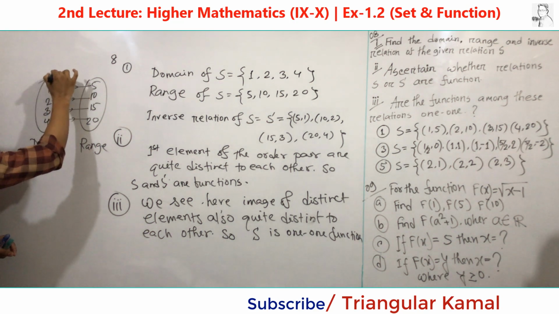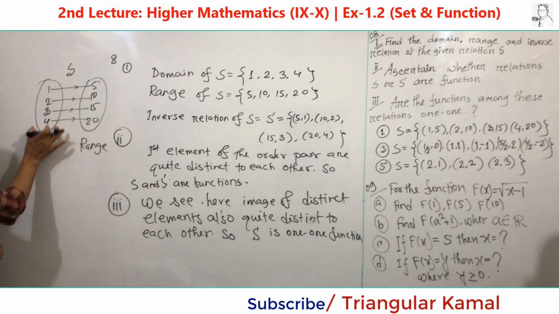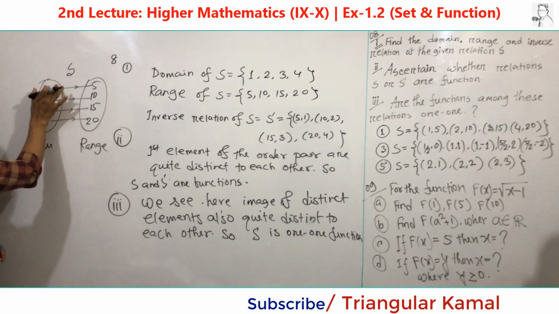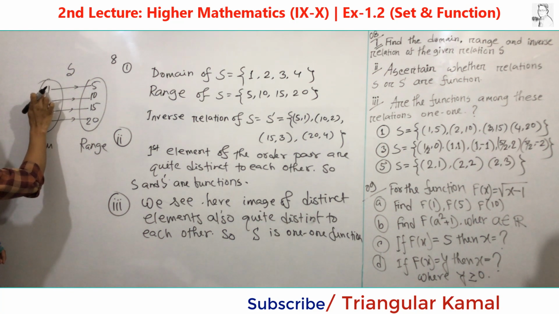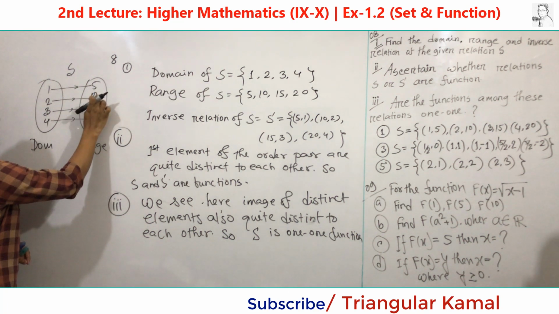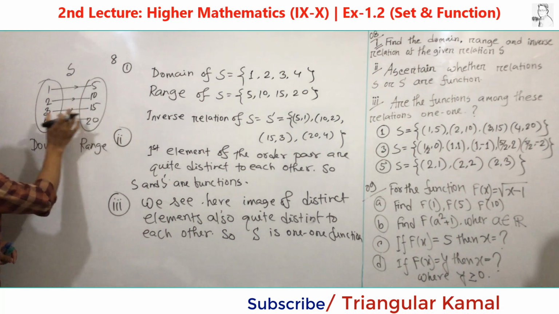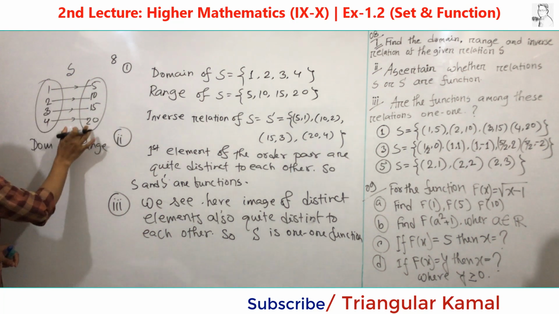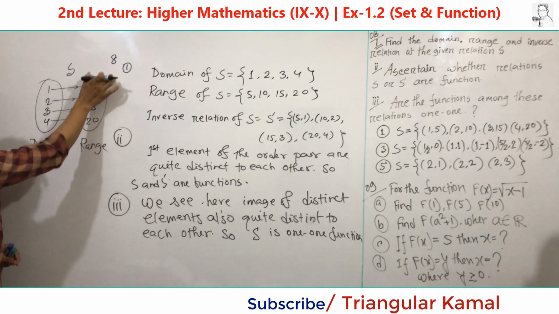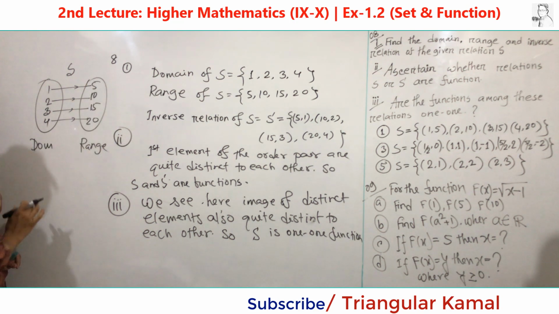So all are different, there is no repeating term. That's why this is called a function, the domain of the relation is 1, 2, 3, 4 and the range is 5, 10, 15, 20, and all images of the first elements are also quite distinct from each other. There is no repeating term. That's why this is a 1-1 function.